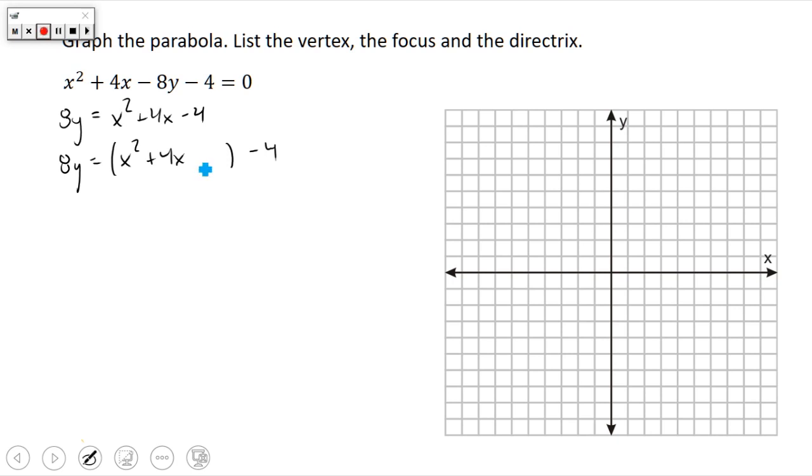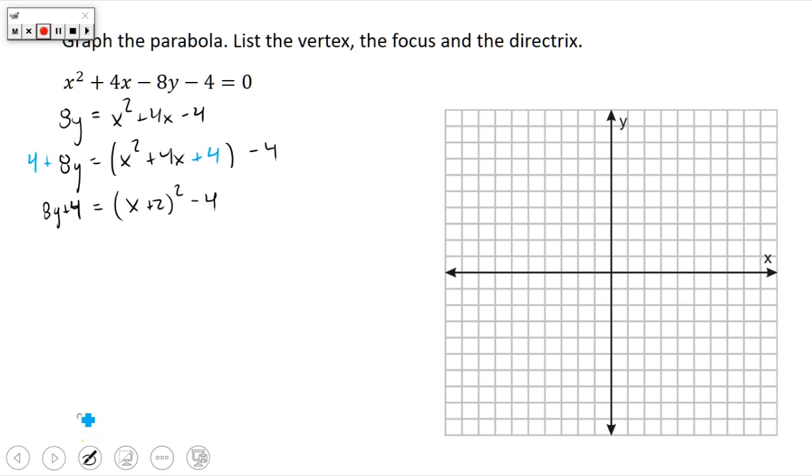And that is 4. It's half of 4, squared. So we have to add 4. If we add a 4 to that side, it means we have to add 4 to the left side too. So then we have 8y plus 4 on the left is equal to (x plus 2) quantity squared minus 4. And you see this is sort of coming together. That's a 4 right there, sorry.